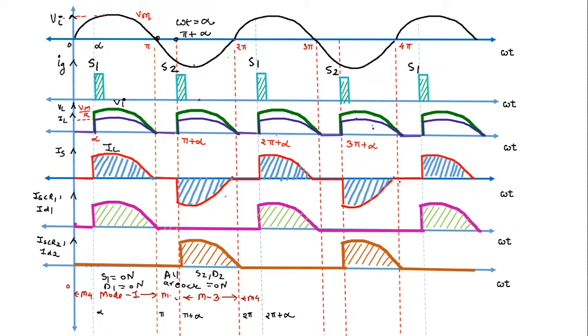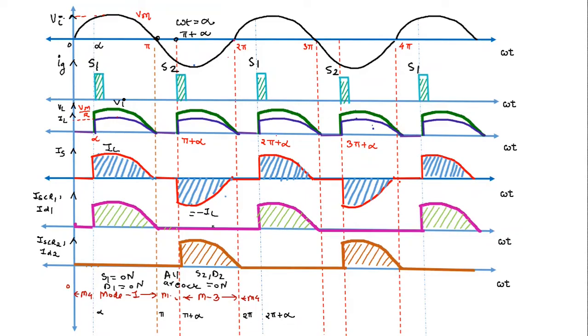The load current will be in phase with the load voltage here. So the shape of the waveforms will be the same, only the amplitude will be different for the load current, which is equal to Vm by R. And what will be the source current? I have told you, in this mode number 3, source current will be equal to minus of load current. That means this signal will be inverted here.